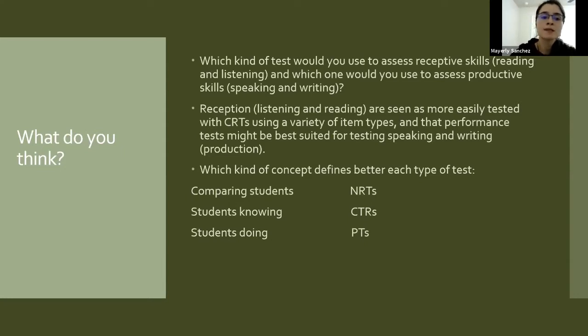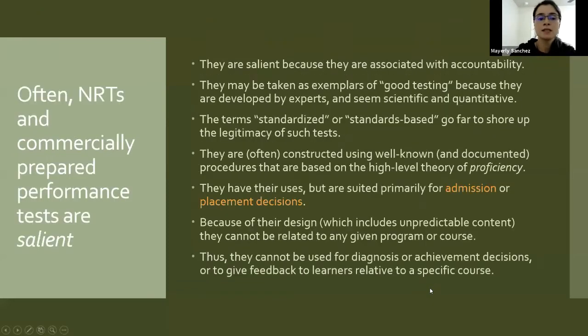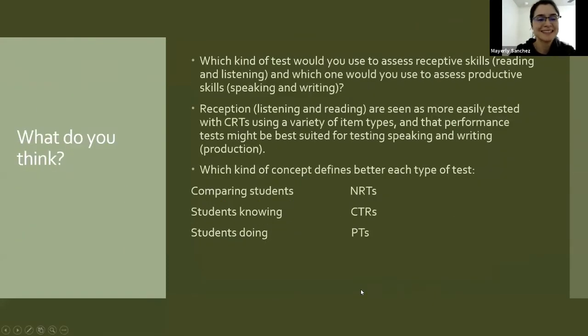And performance tests might be best suited for testing speaking and writing, the productive skills, okay? And we have here some little concepts that better describe the three kinds of tests. So remember, comparing students, NRTs, student knowing, CRTs, students doing performance tests.